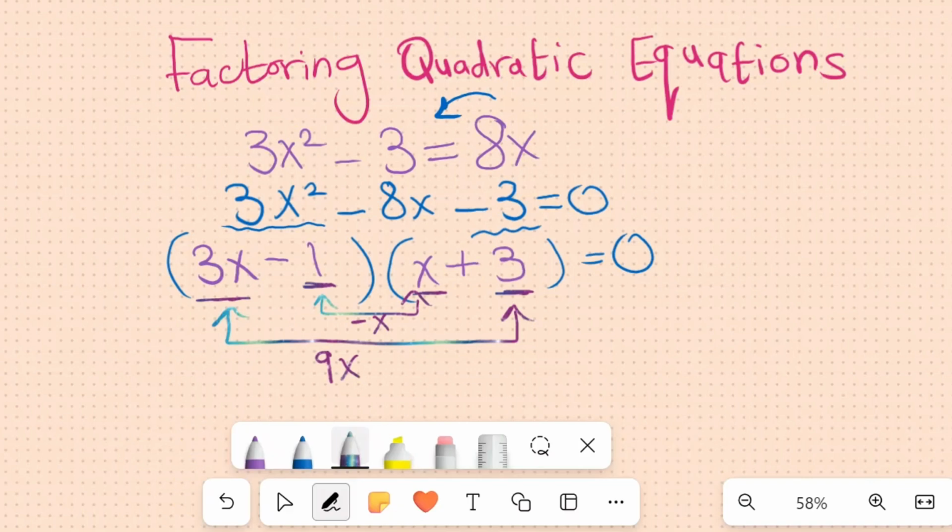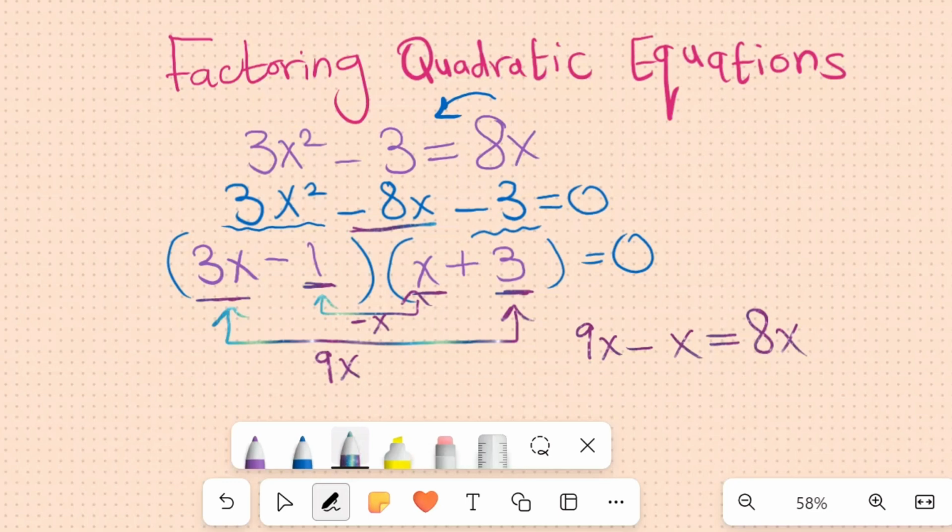And then we're going to add these two terms together because we need to make sure whether the answer of the addition equals the middle term or not. 9x minus x equals 8x, and it's not the middle term. Here in the middle term of this equation, we have negative 8x, right? So we need to change something in the brackets.